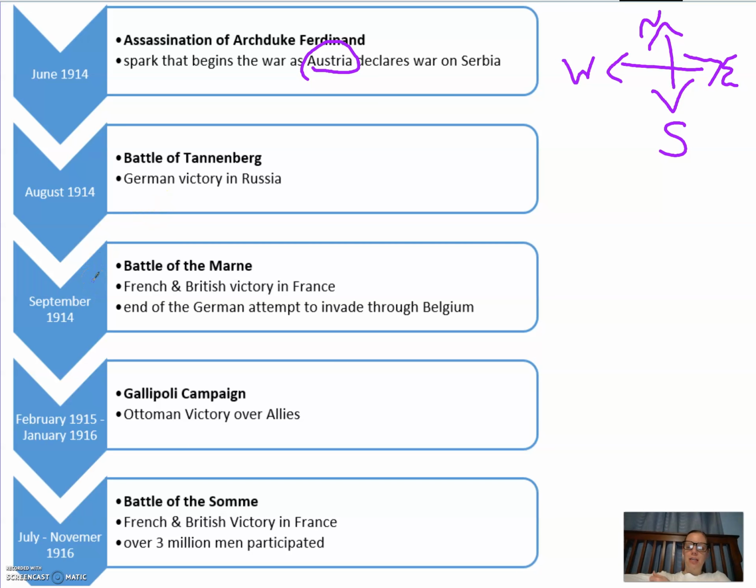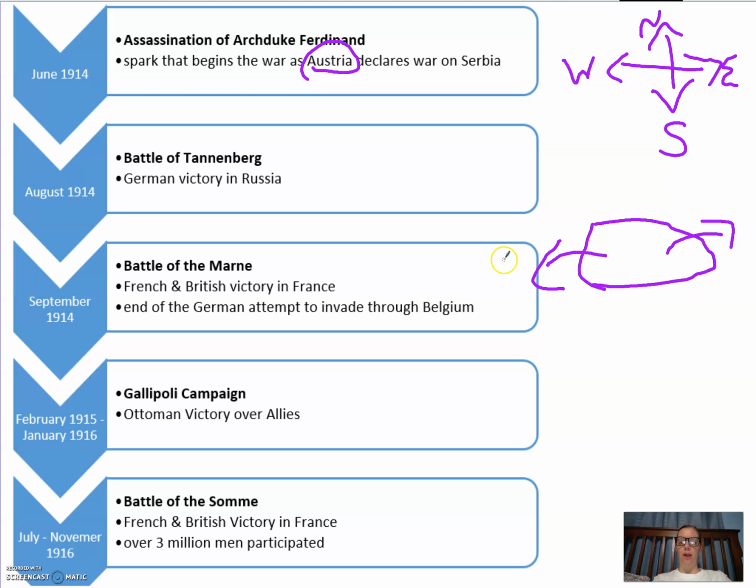September of 1914, about the entire month, is the First Battle of the Marne. There are two battles of the Marne. They both happen in the same region. The Marne is a river in France. But it's a French and British victory over the Germans in France. So if you think back to your causes, Germany is fighting a two-front war.